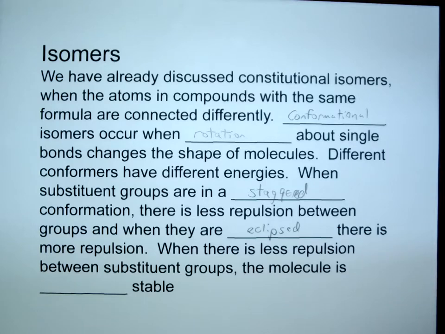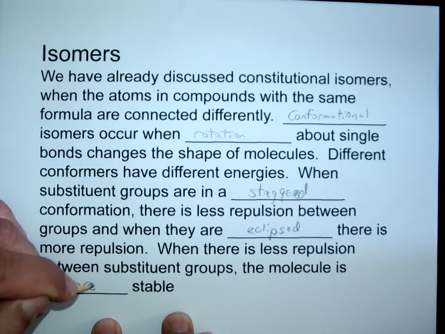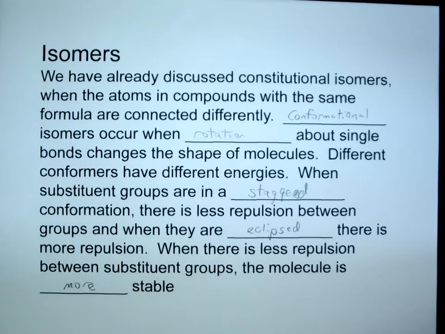When there is less repulsion between substituent groups, the molecule is more stable. And this is all energy dependent. If you have a lot of energy, then things can go into their less stable state. There's going to be lots of rotation, lots of motion, and the molecule is going to continuously be changing shape. If you cool something down to very low temperatures, then only the most stable conformer will exist.